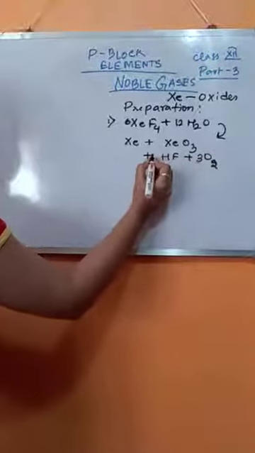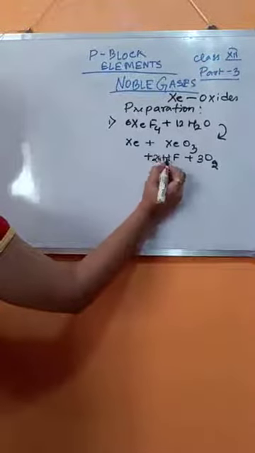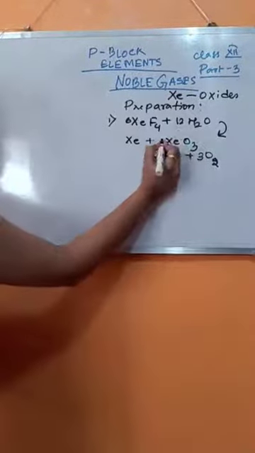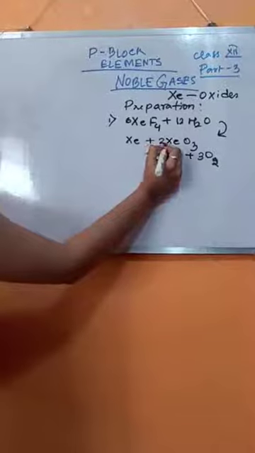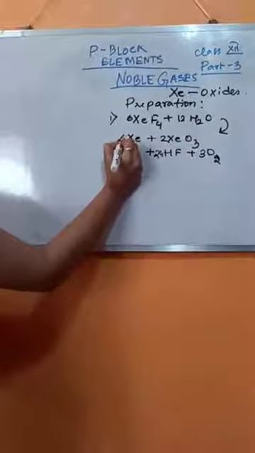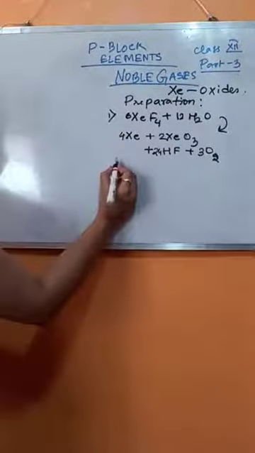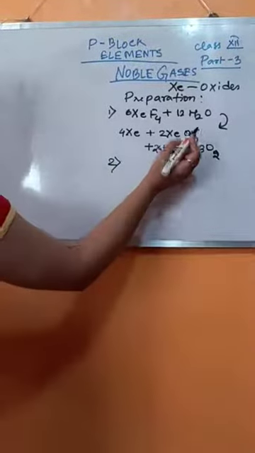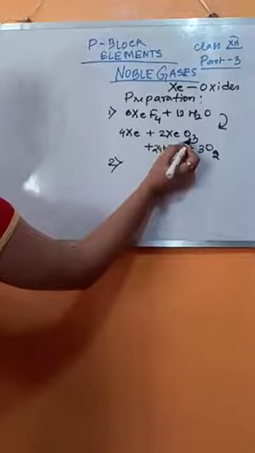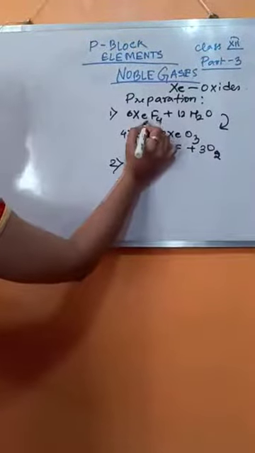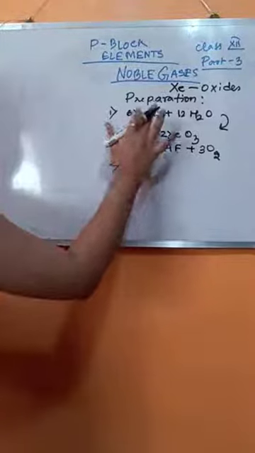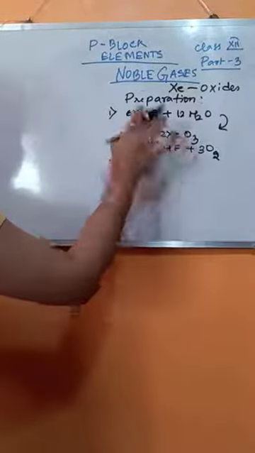Let's balance it. This will be 2 and 4, this will be 2. This is how we can obtain xenon trioxide from xenon tetrafluoride. Hydrolysis of xenon tetrafluoride will give you xenon trioxide.